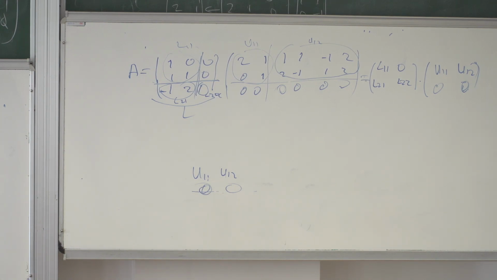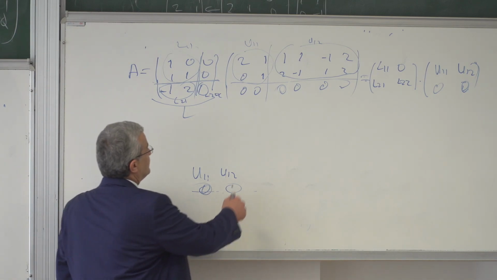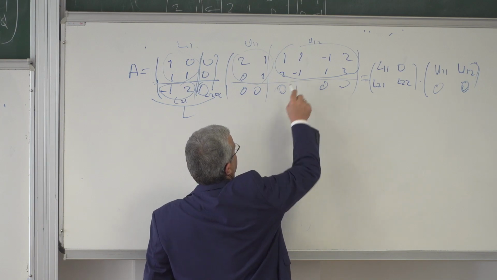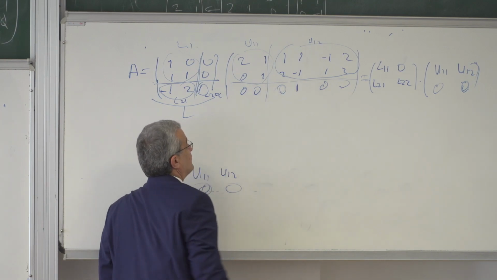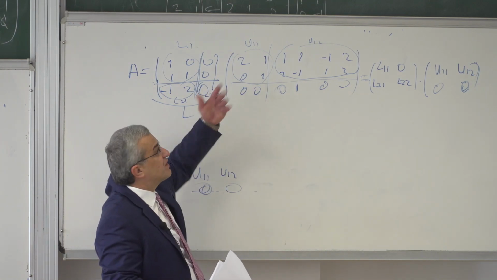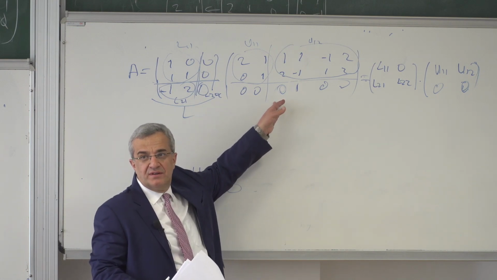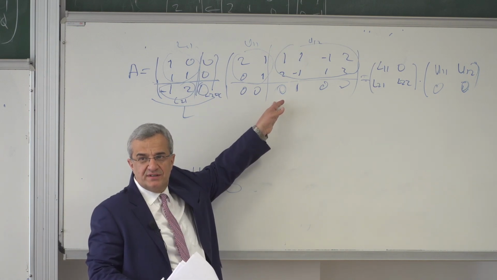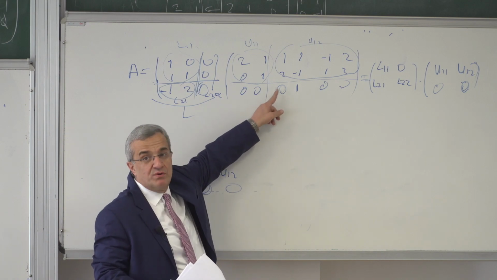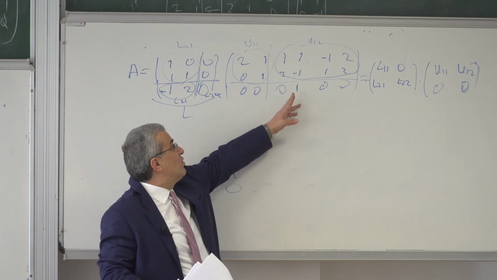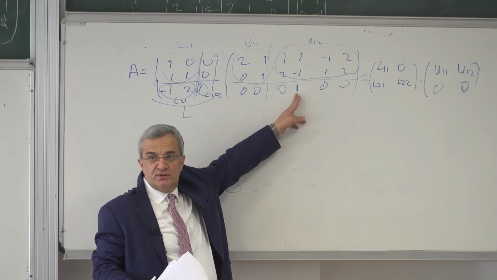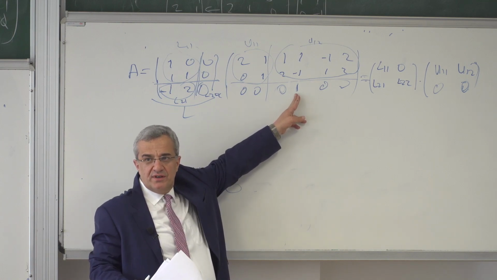Okay. If there was a 1 here, let's say, then what would be the rank of this? 3, right? The rank would not be 2 anymore. It would be 3. Why? Obviously, this is a linear independent column, isn't it?